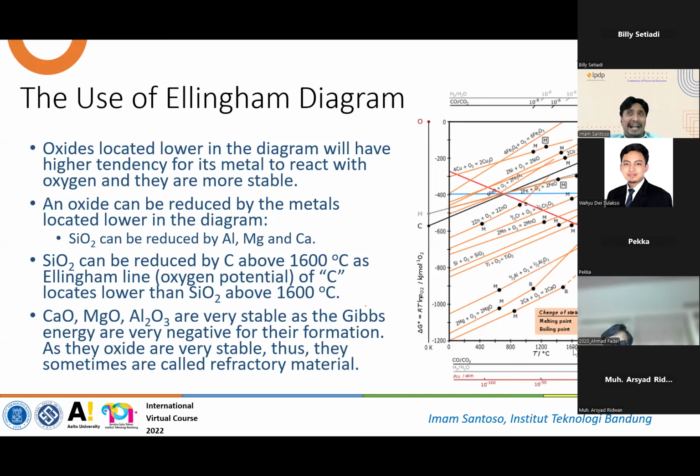If it can, why? Somebody can explain, I will give you 100,000 GoPay. Can we still reduce aluminum oxide with carbon below 2000 degrees C?